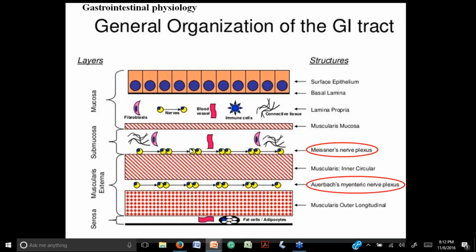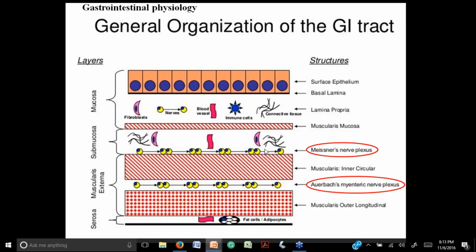The Meissner plexus is connected to the parasympathetic nervous system, and the parasympathetic nervous system is correlated to acetylcholine.